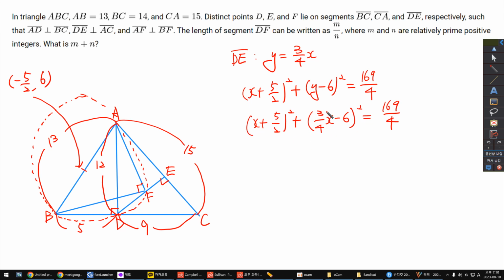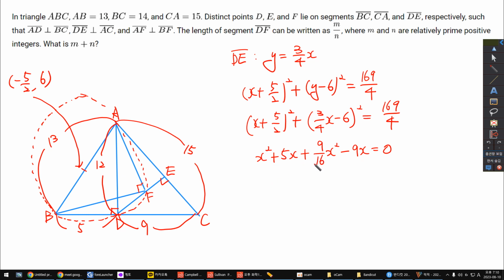So if we open these squares, the constants cancel, and we can also cancel one of the x's.